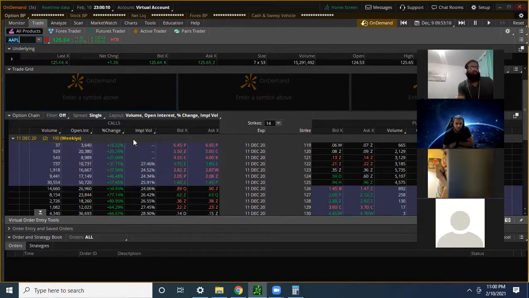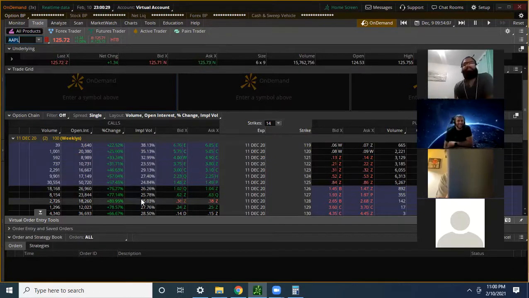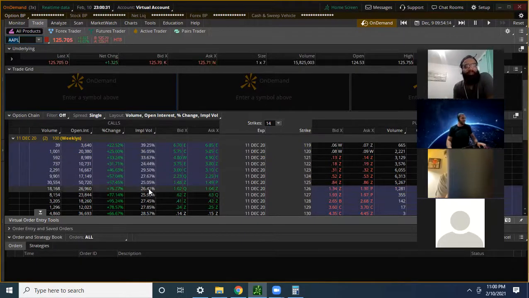The more volatile it is, the more changes there are in a short amount of time to that price, the higher you'll see this. I've seen GameStop at like 900%. In comparison, this is 26%. So these contracts are cheap.